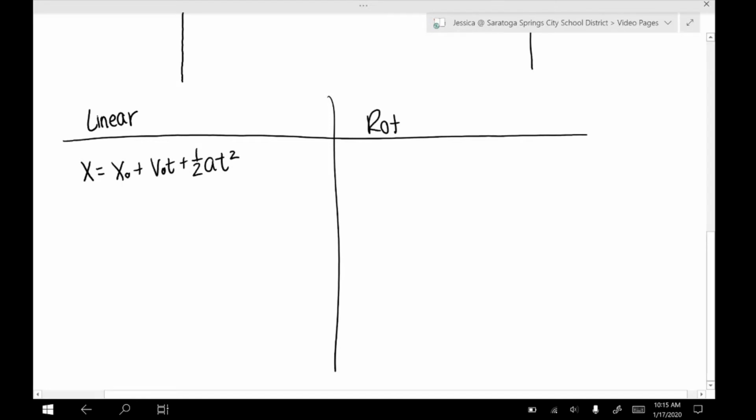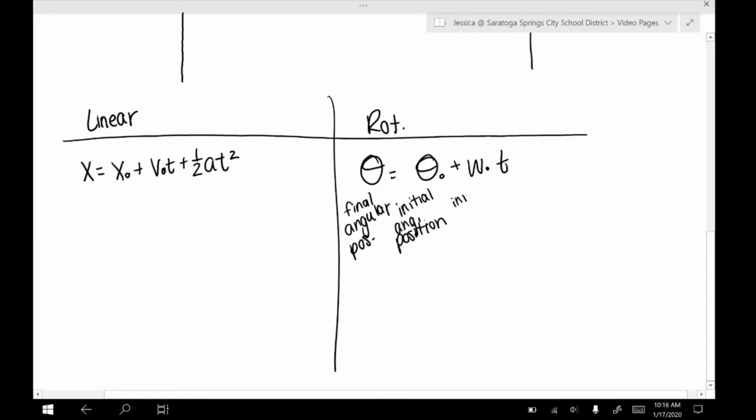So in rotational motion, that's going to become theta, our final angular position, equals theta 0, our initial angular position, plus omega 0 t, so our initial angular velocity, times time, plus 1/2 alpha t squared, where alpha is our angular acceleration.